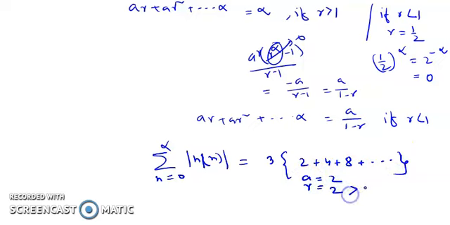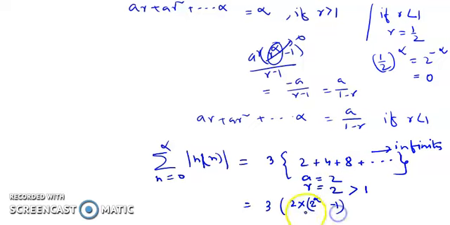So r is greater than or equal to 1, so this is an infinite series whose summation will be equal to 3 into a, means 2, into 2 to the power infinity minus 1 divided by r minus 1, means 2 minus 1.